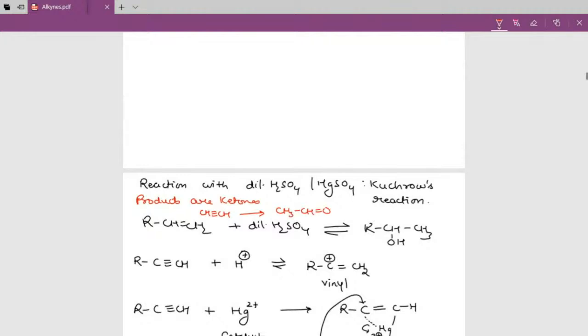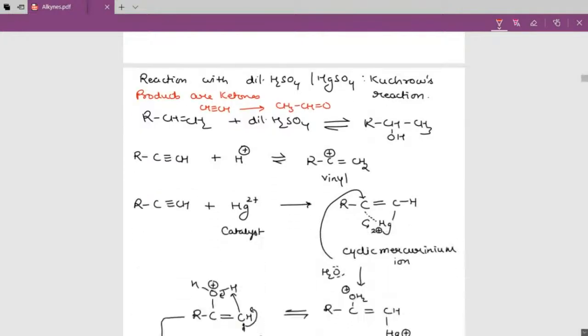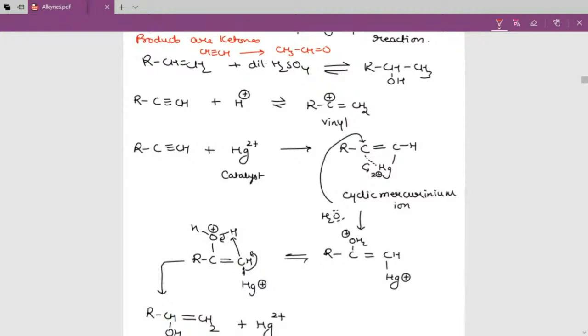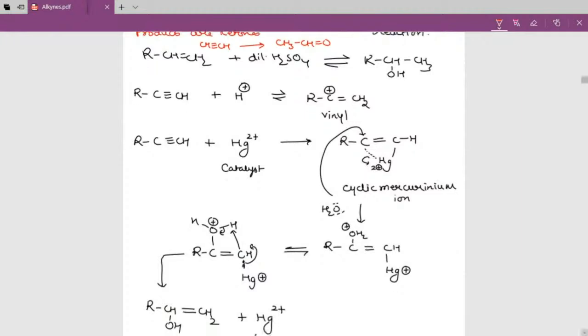Otherwise, always ketones are formed in this reaction. Always ketones are formed, but only in the case of acetylene will we have the formation of an aldehyde, acetaldehyde. Is that okay? Till here it is clear.